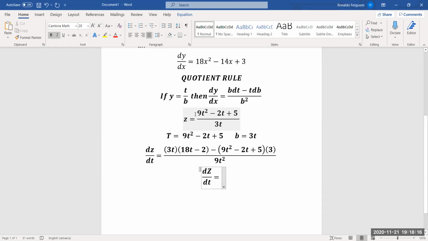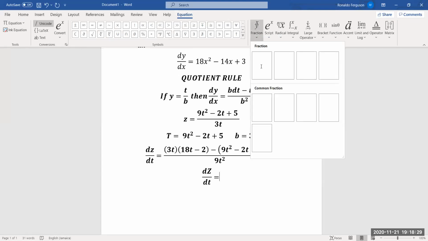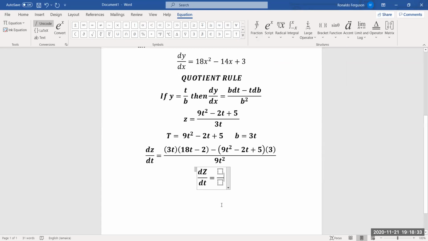That would be difficult to expand and divide. So in that case, it would be better to use quotient rule. That's why they came up with quotient rule, so that we don't have to keep expanding, because expanding can take forever.